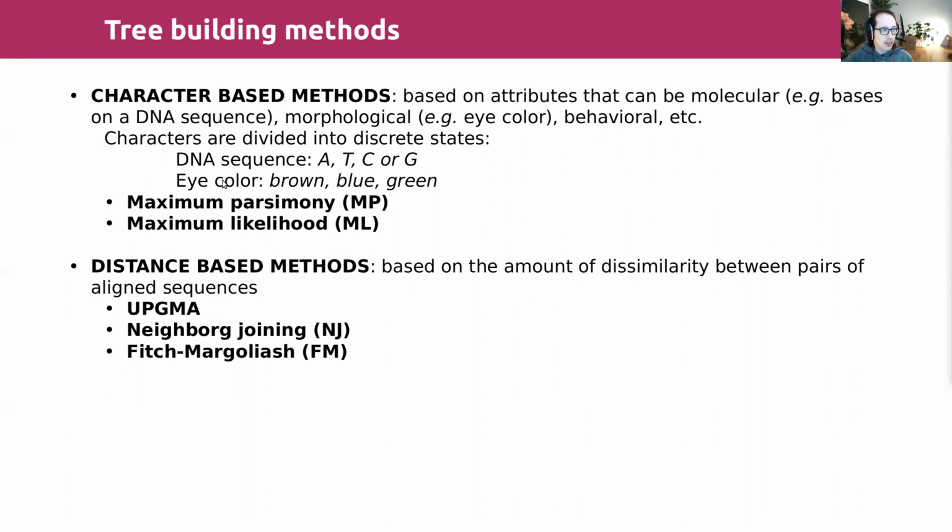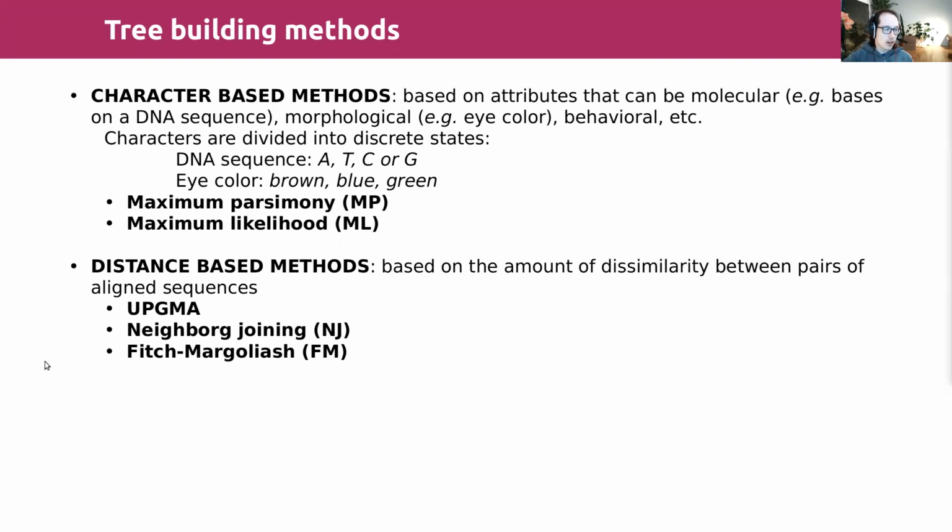And the units of change become either bases in the case of DNA or the discrete states of these different characters. So for eye color, it would be things like brown, blue, green. And of these character-based methods, the two main ones are maximum parsimony and maximum likelihood.